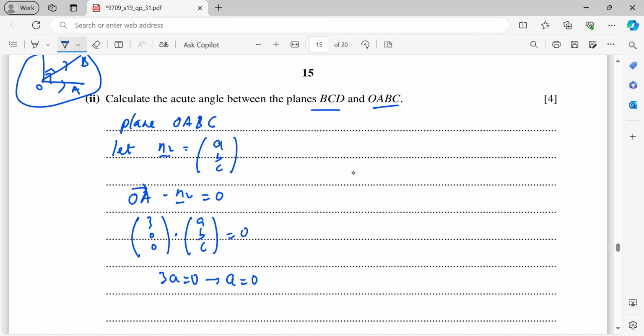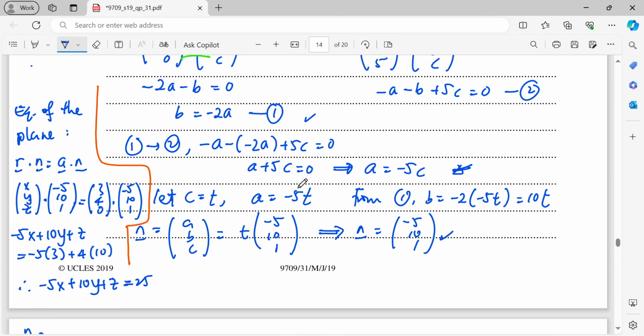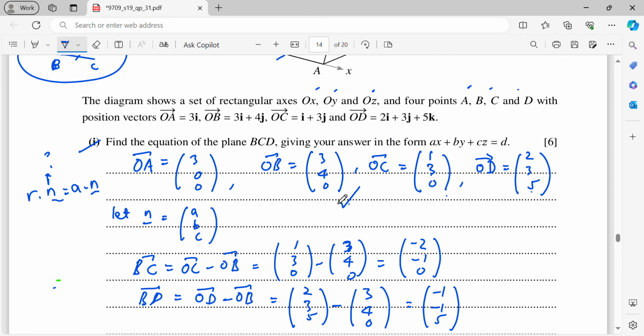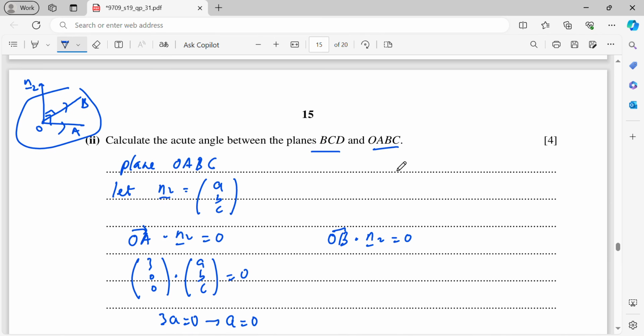Now next I will get OB. Here OB dot n2 equals 0. The OB is given in the question as (3, 4, 0), dot (a, b, c).